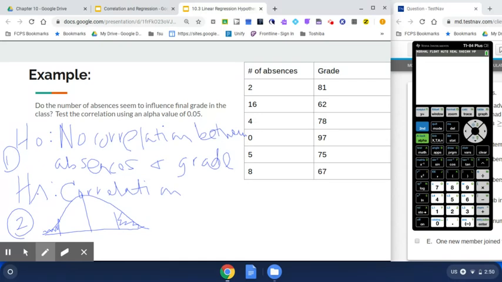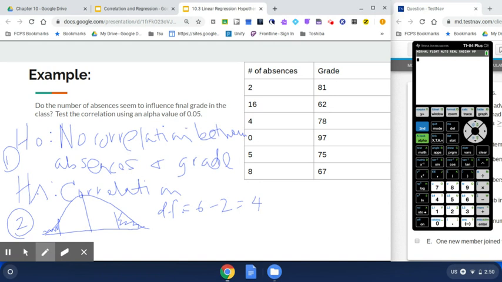It's always going to be a two-tailed test. Our degrees of freedom is the number of points minus 2. So taking a look, if I were to graph this, 1, 2, 3, 4, 5, 6, there would be 6 points on my scatter plot. So I'm going to take 6 minus 2, and that's going to give me 4 degrees of freedom.